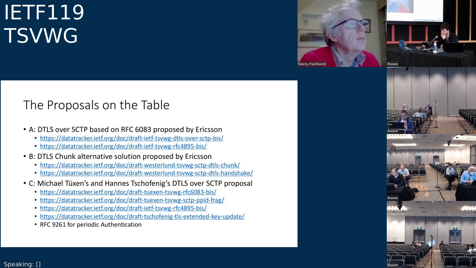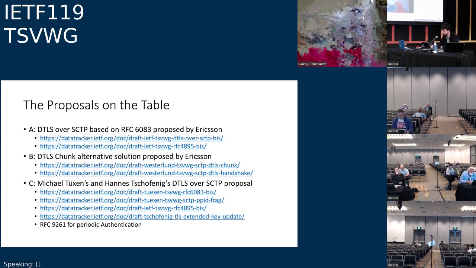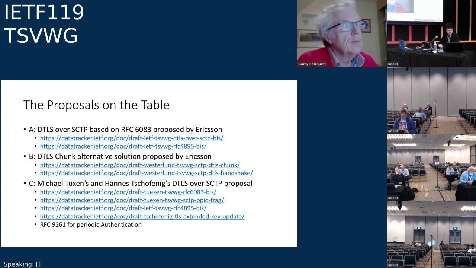So we have worked with 3 proposals on the table. A is what the current working group document set, which is an update of 6083 and is contained in the details of the STP BIS document from the working group, and also has a dependency on updated STP auth.